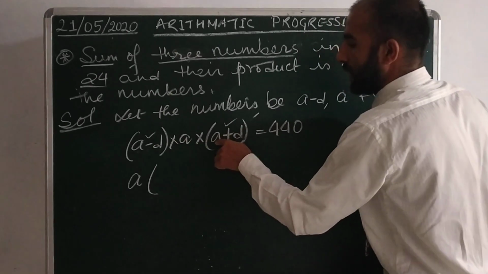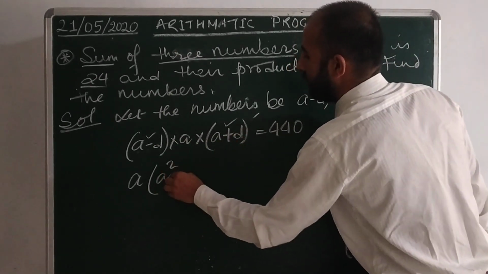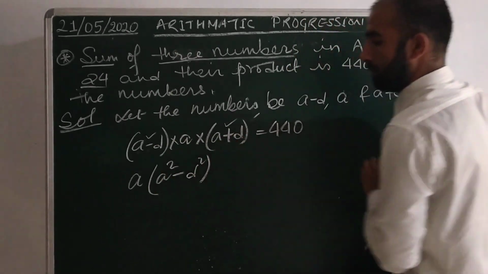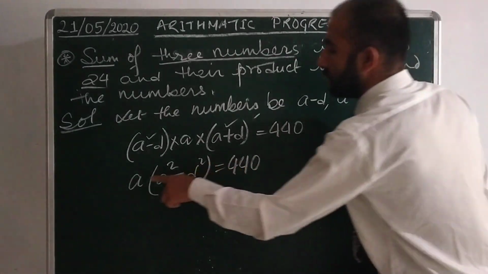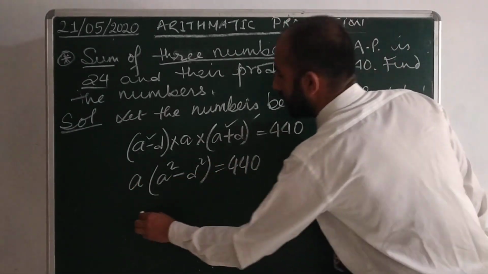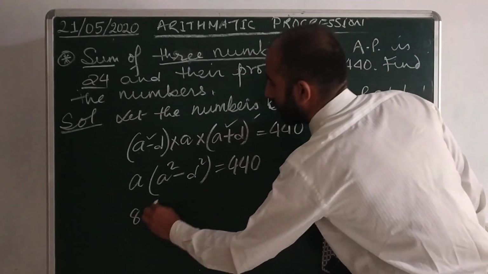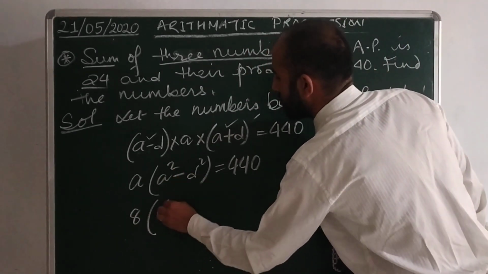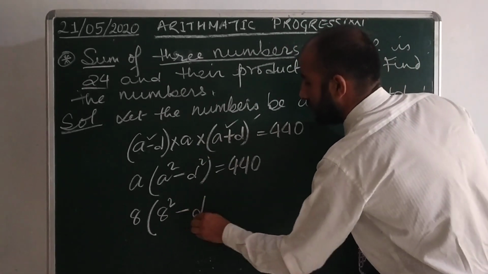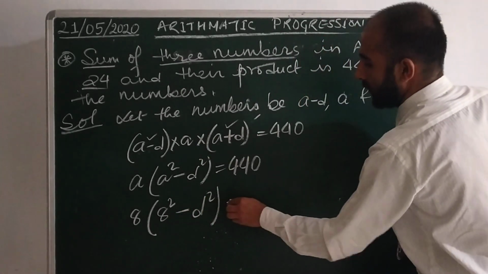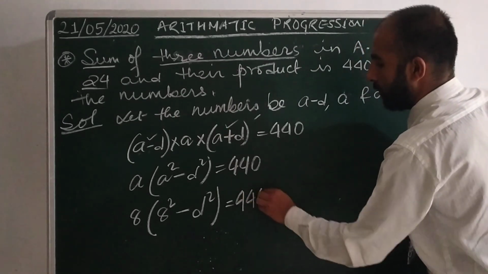A minus D into A plus D will give you A square minus D square, which is equal to 440. A we already got as 8, so 8 square minus D square equals 440.